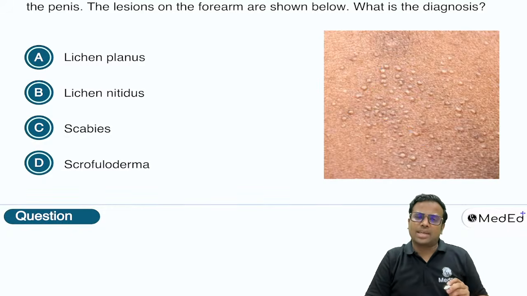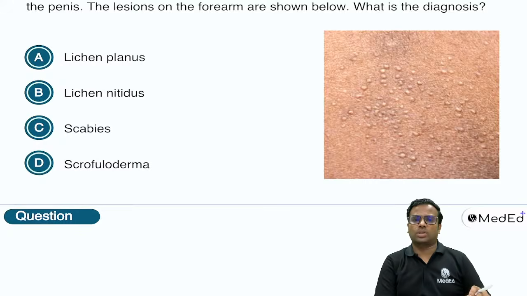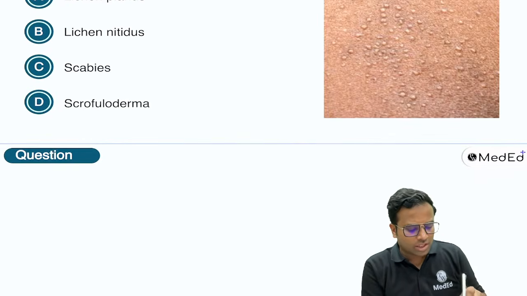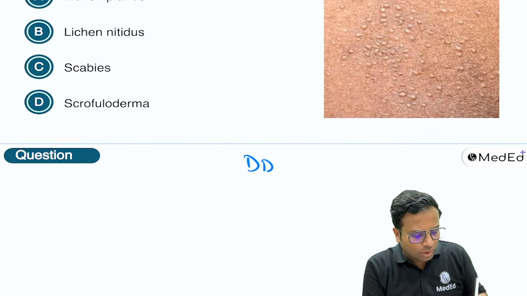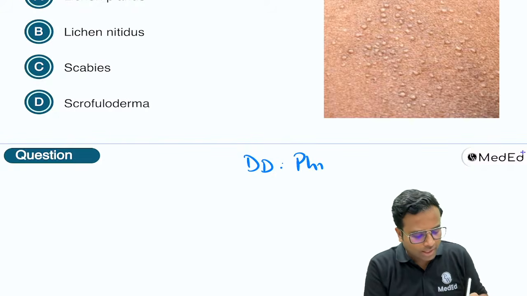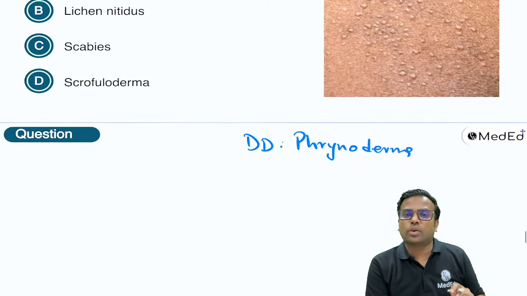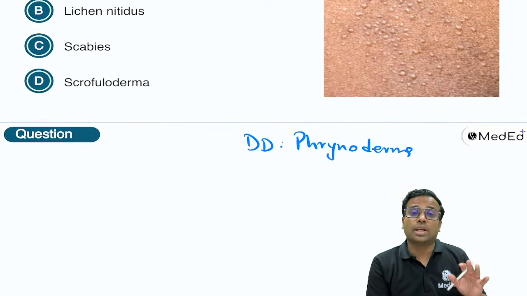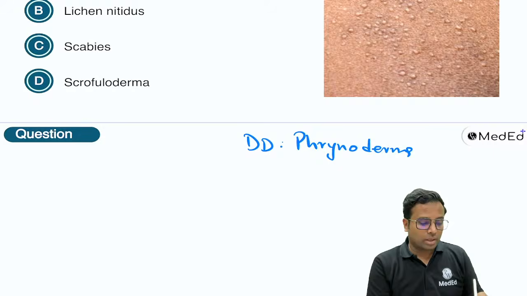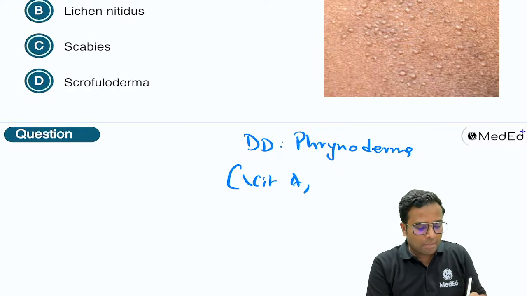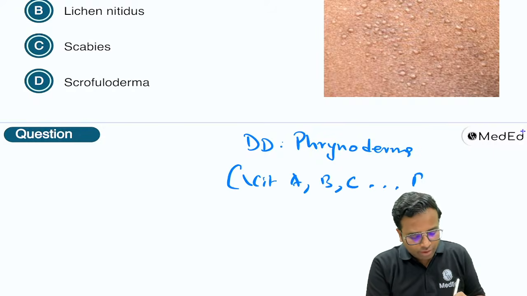The moment we see skin colored papules over the forearm in a child, we think about another differential diagnosis called phrynoderma, which is usually associated with many vitamin deficiencies. They say vitamin A, B, C, even free fatty acid deficiency.